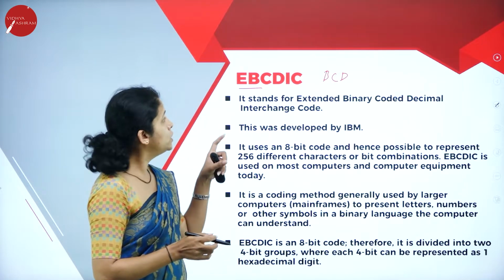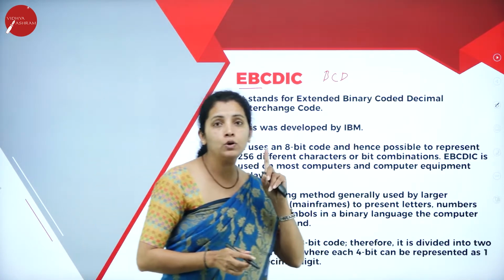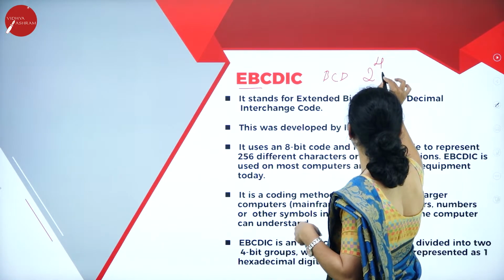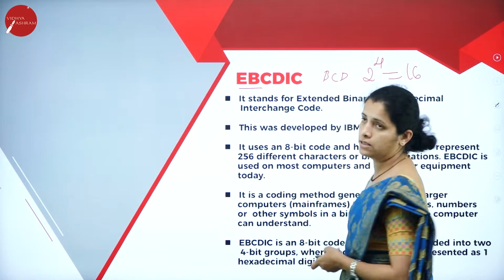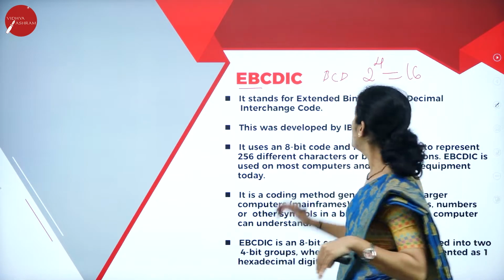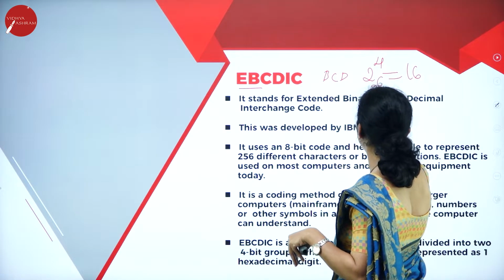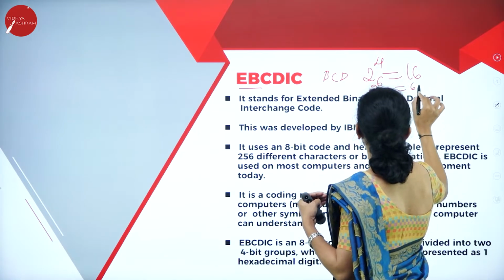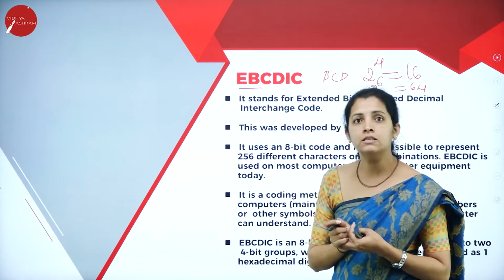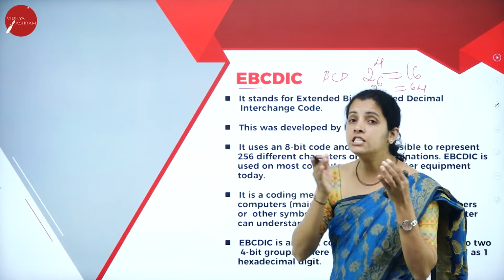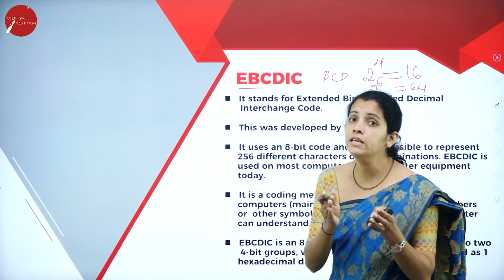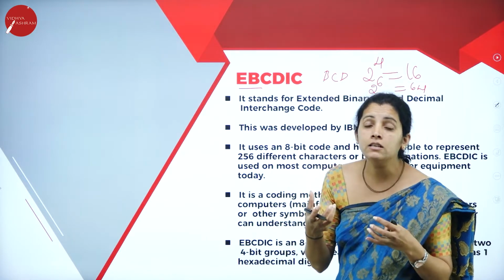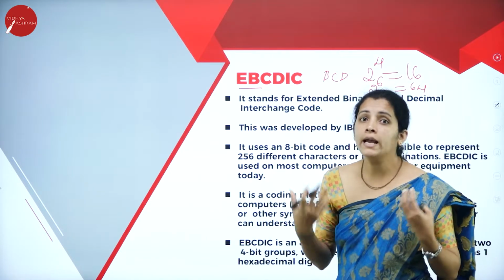That means by using BCD, I can represent 2 to the power 4, that is nothing but 16 characters. To overcome this, we are having 2 to the power 6, that is nothing but 64. That means I can represent 64 characters. But still BCD is going to have the disadvantage. That means if I'm having a larger character set, how can I represent it?